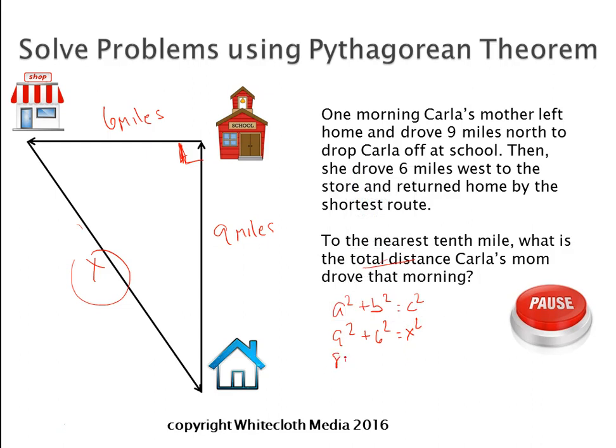So 81 plus 36 equals x squared. That gives me what? 81 plus 36, 117 is equal to x squared. So that means x is the square root of 117, which we will now calculate.